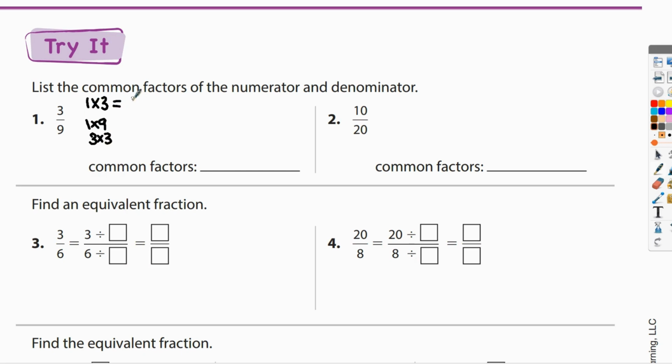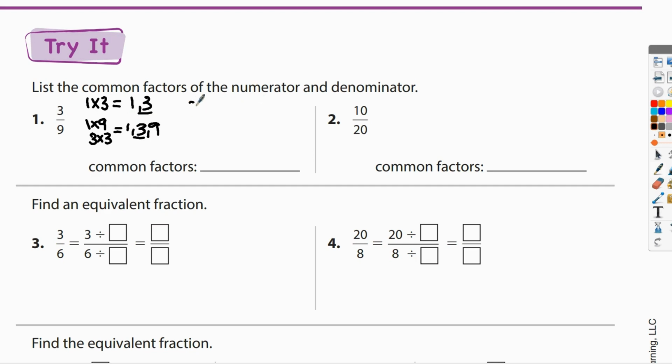Let's put the factors in order. 1 and 3. Let's put the factors in order. 1, 3, and 9. Which number repeats? The 3 here and the 3 here, and that's the number that I'm going to use.